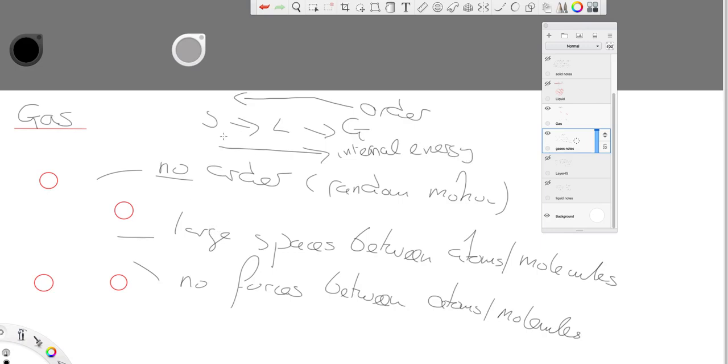So I have to supply thermal energy to get from here to here. At the point where I'm just changing from solid to liquid, I will be increasing the potential element of the internal energy, not changing the temperature, therefore not changing the kinetic energy.